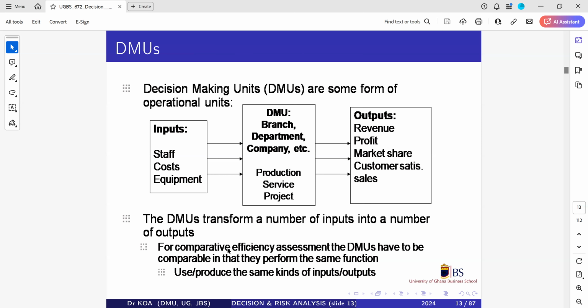What makes up the decision-making unit are the inputs as well as the outputs. So the decision-making unit cannot be called a company, a firm, an organization, unless you know the inputs and the outputs. For example, you cannot say that this is a bank and yet this is a secondary school.